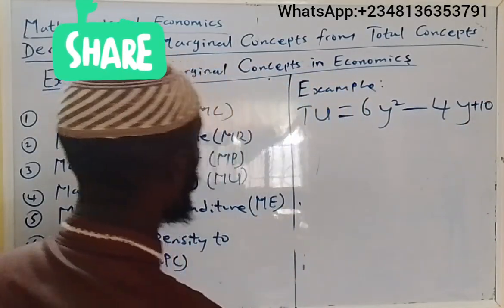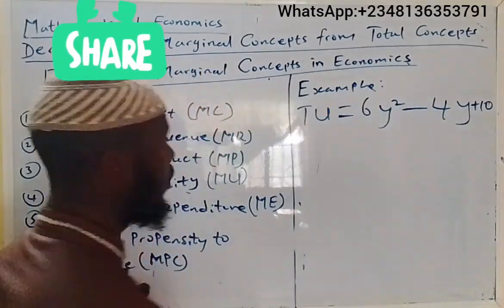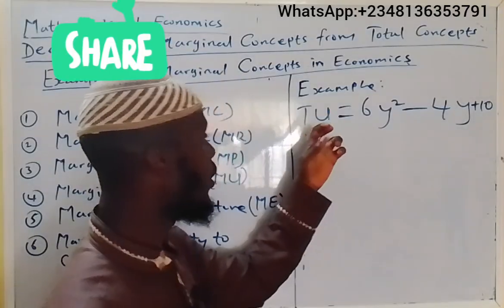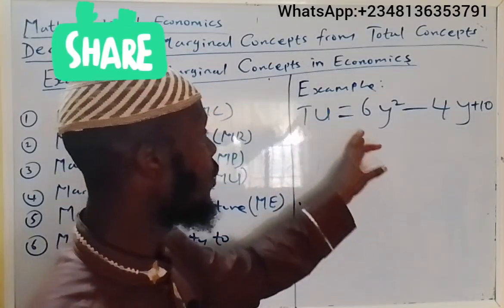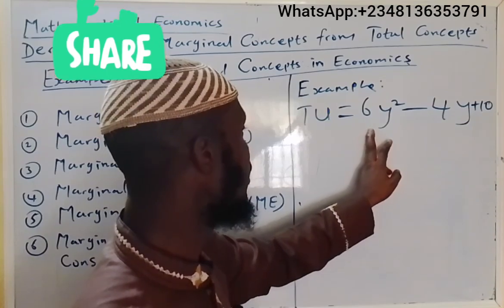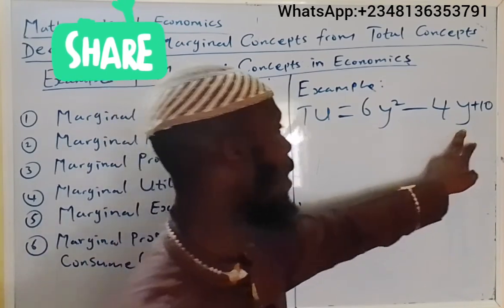And we are asked to derive our marginal utility function from this total utility function. So how do we do that? The rule says we will differentiate this total utility function with respect to the independent variable. The independent variable here is the unit of goods consumed, which is represented by y.